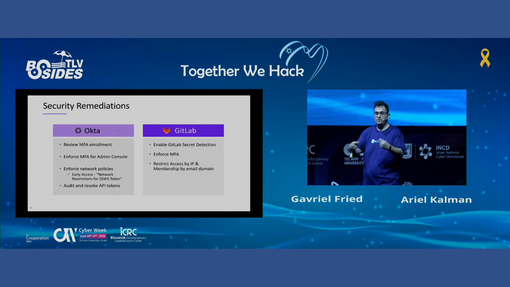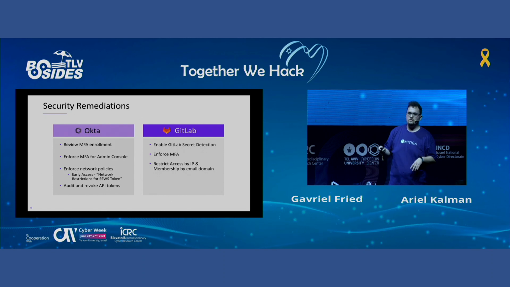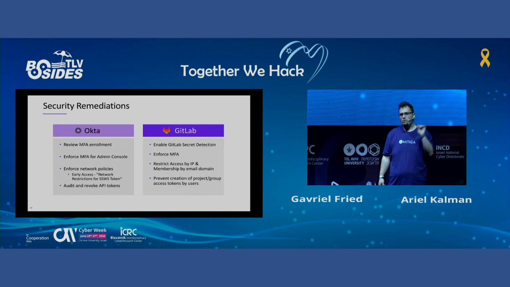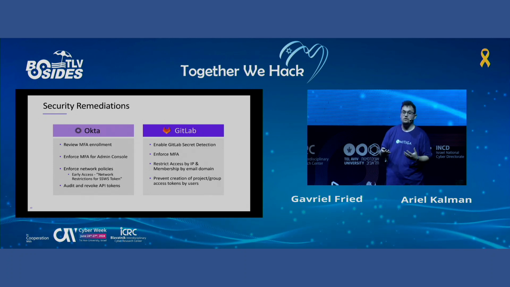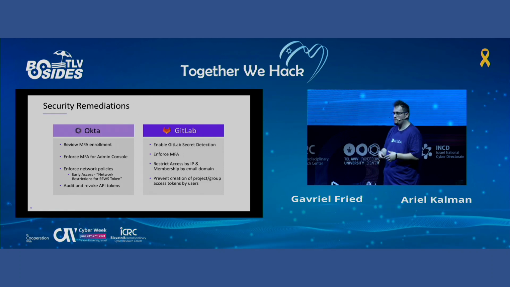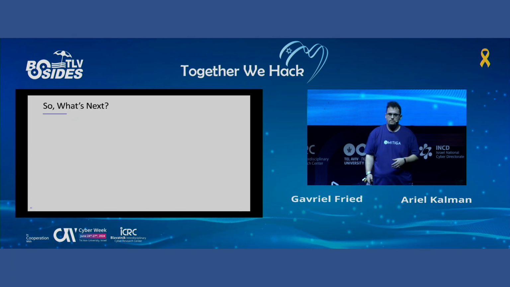And we could restrict IP access based on network CIDR ranges and by email domains to our environment. And finally, we also have a small tick that could prevent users from creating a project or a group access token to our environment. It's a small tick, but it could cause us to be more protected from attackers losing their socks.